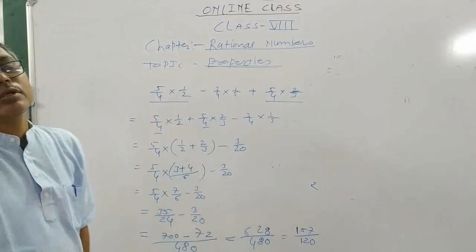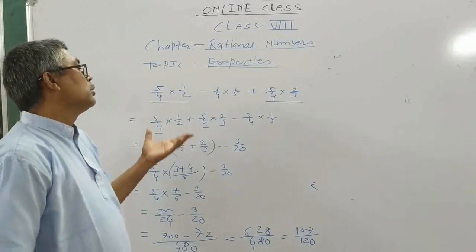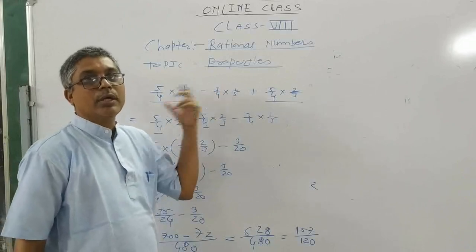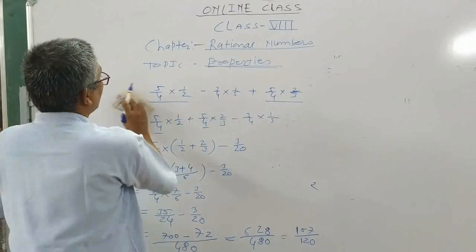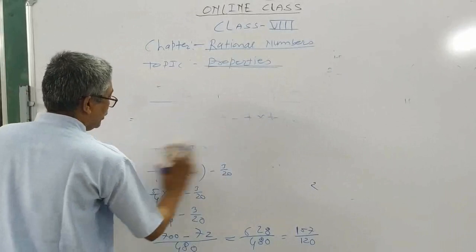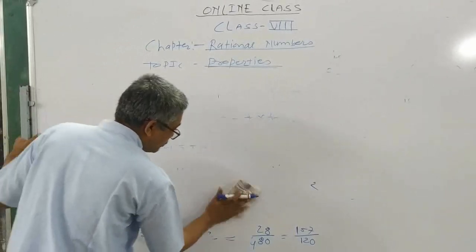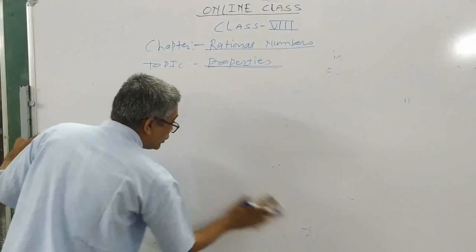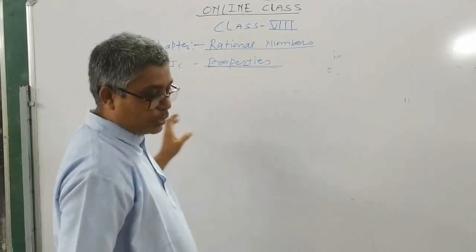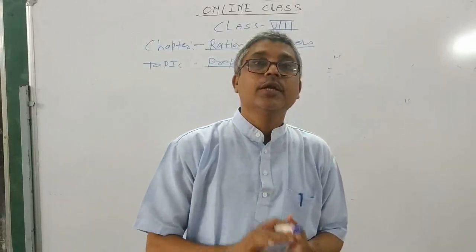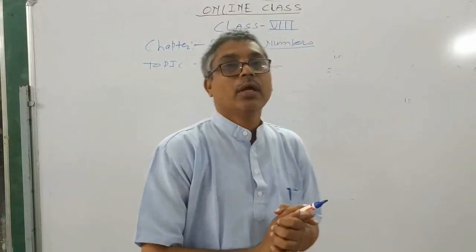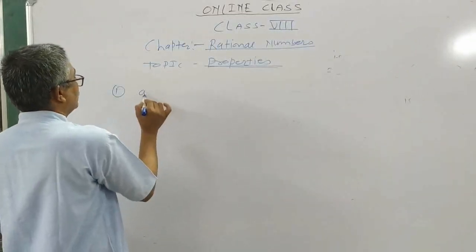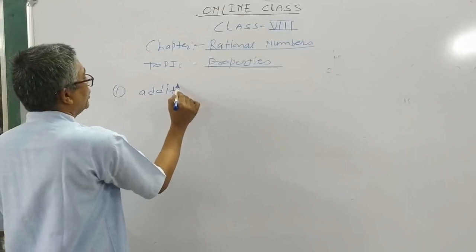So in this way, students, we can simplify, we can solve such type of examples. Okay. Now again we have to see some other important properties related to these rational numbers, or some important notes related to this rational number, and one of them is additive identity.